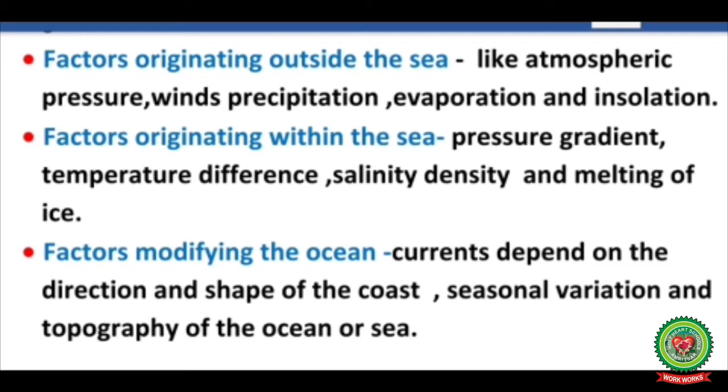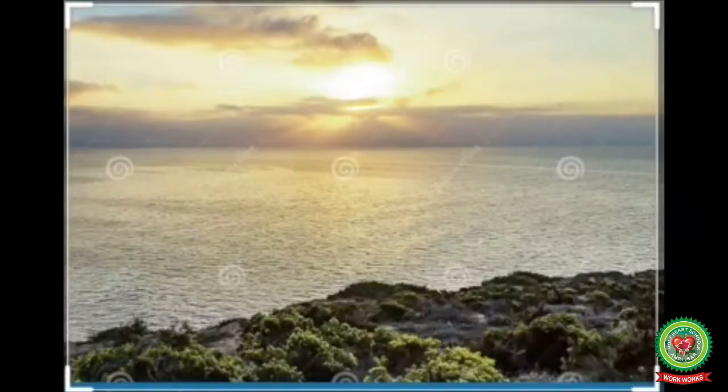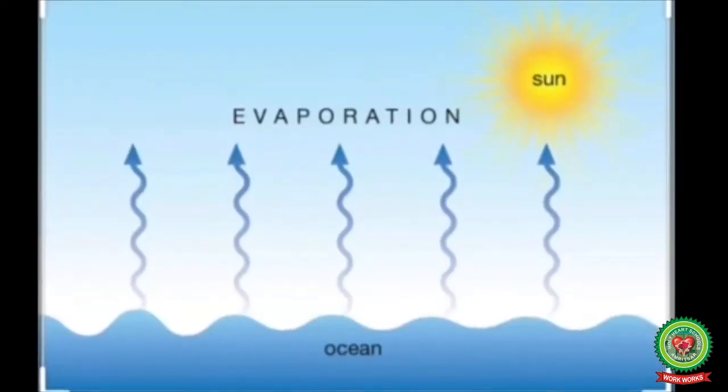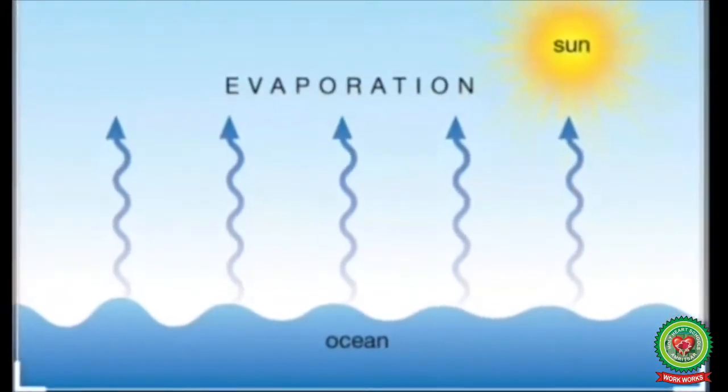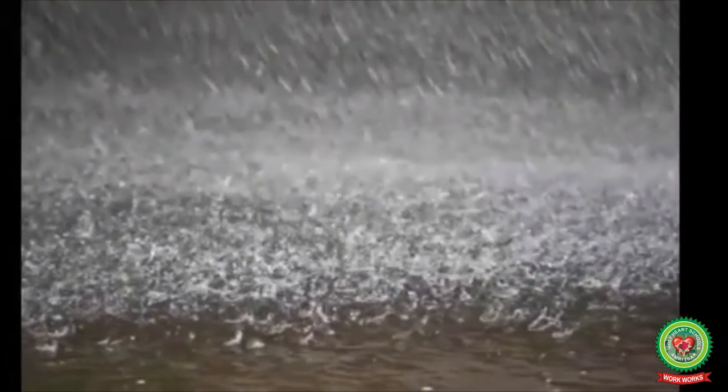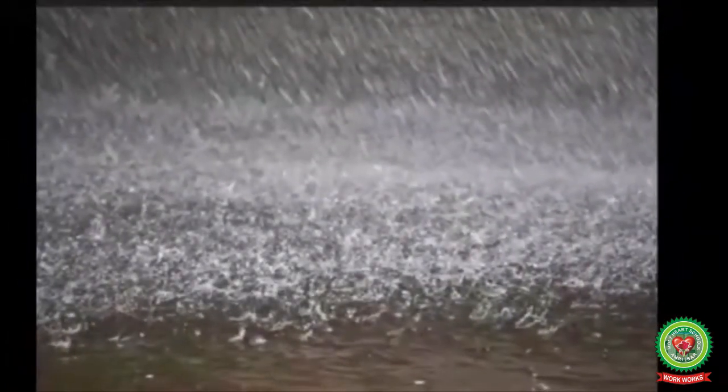We know that the equatorial region receives a high amount of insolation from the sun, due to which there is high temperature, which results in high rate of evaporation and heavy rainfall in the equatorial region.